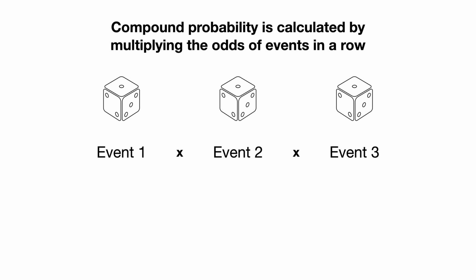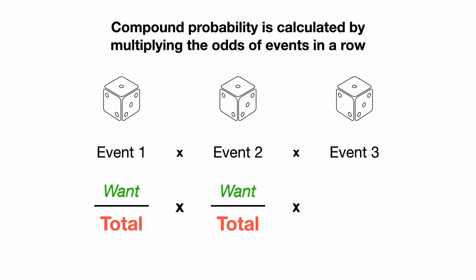You can think about the odds of each event as a fraction, with the wanted outcome on top and the total possible outcomes on the bottom. So you have the wanted over total of event 1, times the wanted over total of event 2, times the wanted over total for event 3.